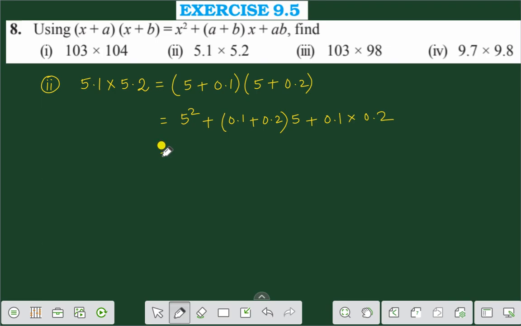Therefore, we are getting 5 into 5, that is 25, plus 0.1 plus 0.2 is 0.3. We multiply with 5: 3 fives are 15, that is 1.5.